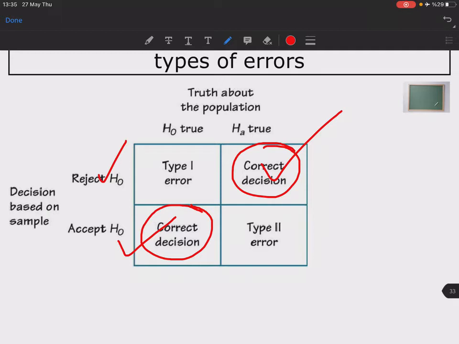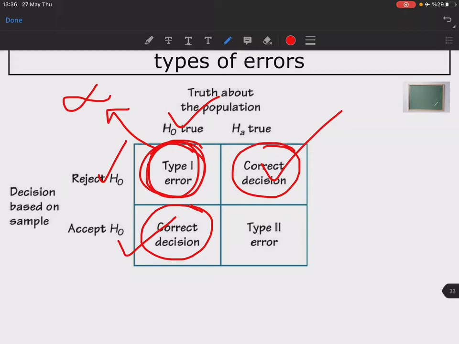What are they? Suppose that H0 is true. This is the truth about the population that we can never know or never be sure of. Suppose that H0 is true, but you rejected it. This is called the type 1 error, usually denoted with alpha. And what about the type 2 error?